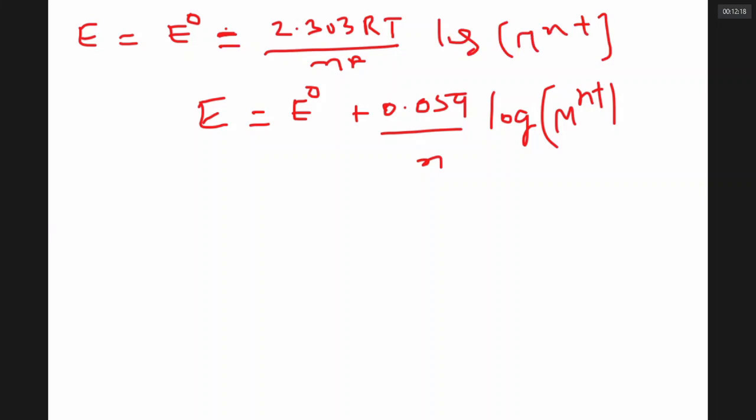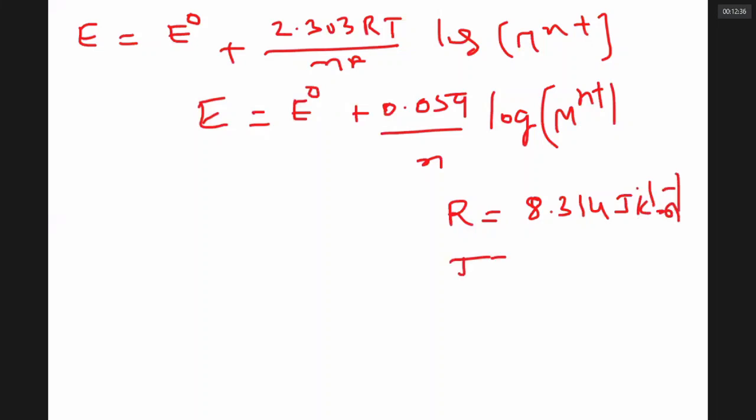Can you see it? 0.059 is constant, RT by F. R is the universal gas constant whose value is 8.314 joules per Kelvin per mole.